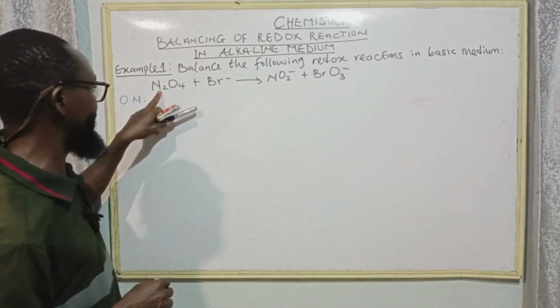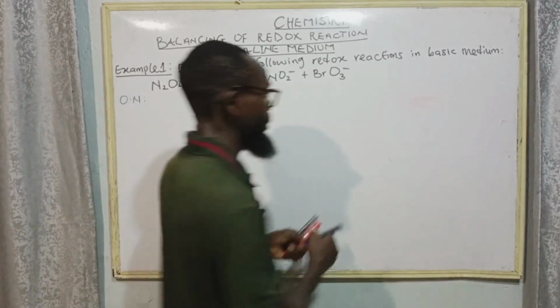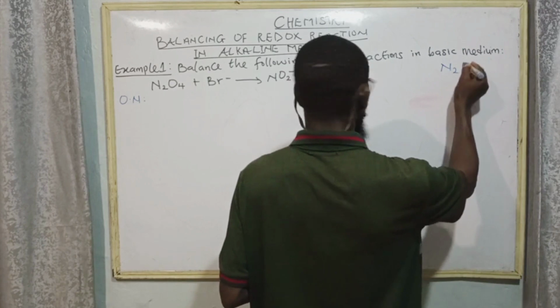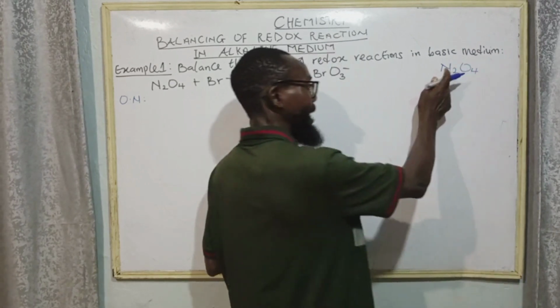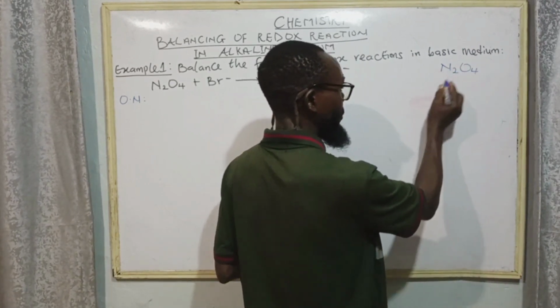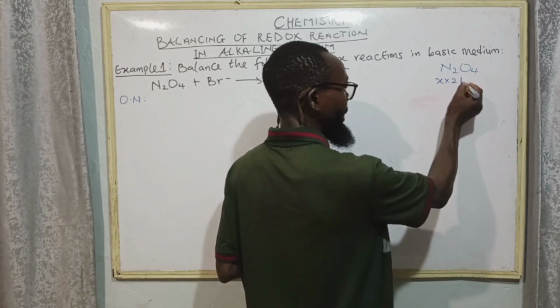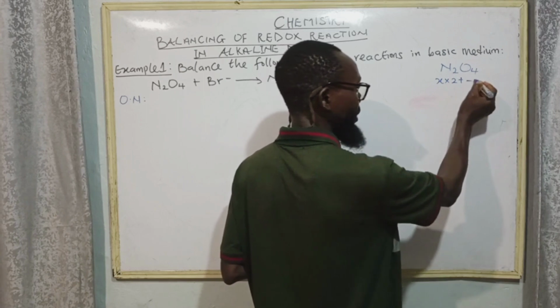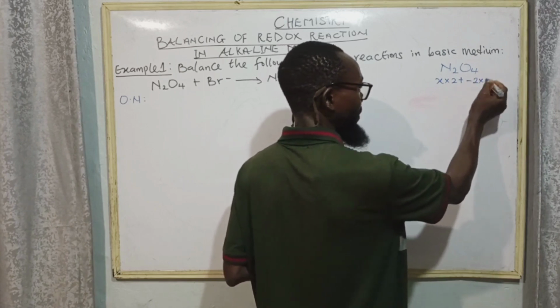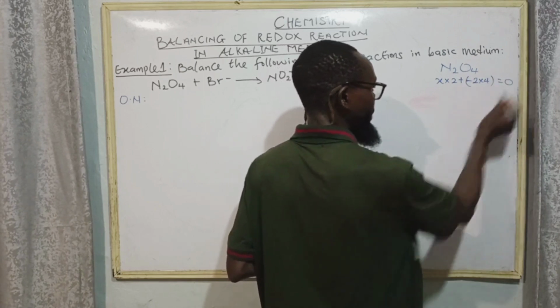Now, let's look for the oxidation number of nitrogen here. We have N2O4. Nitrogen is what we are looking for. Let's call it x, multiplied by 2. The oxidation number of oxygen here is -2, multiplied by 4, then we equate it to 0.